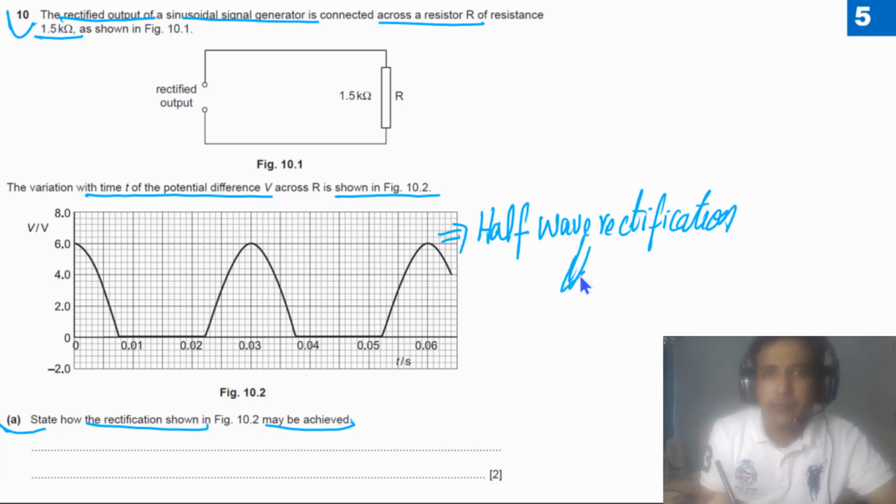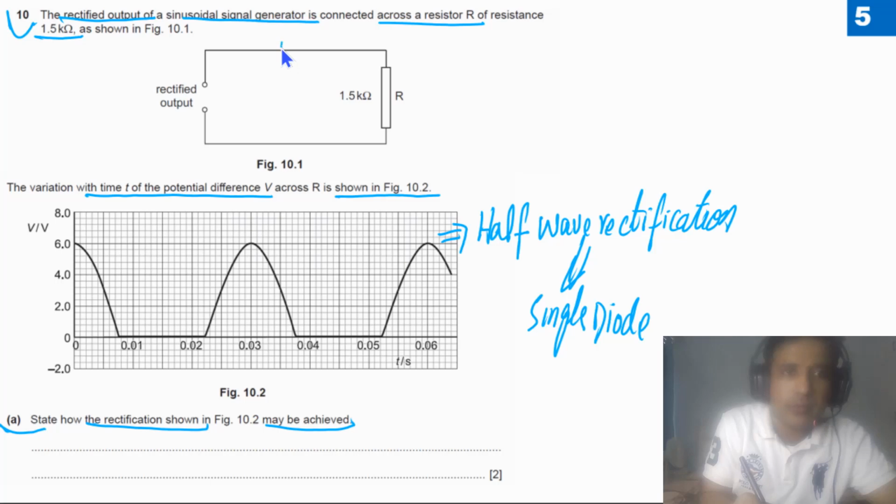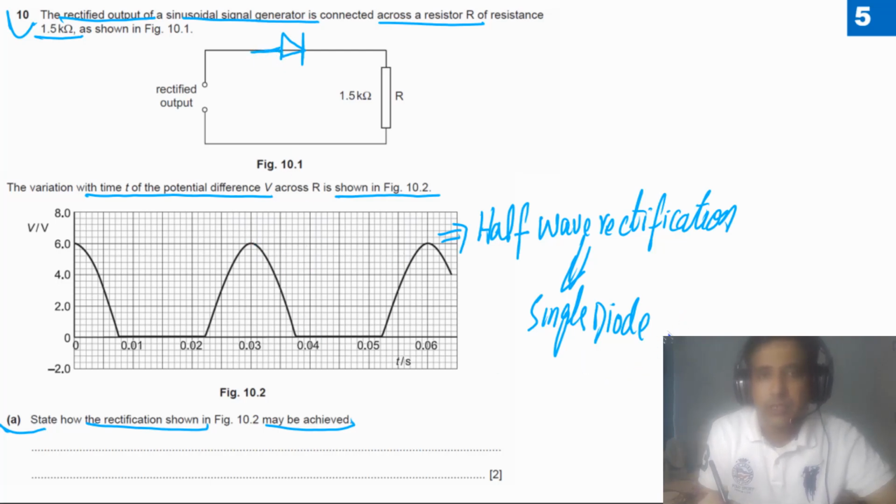And half wave rectification simply can be achieved by using a single diode in series with the resistor. Single diode in series with the resistor means simply if we connect one diode here, we can achieve half wave rectification. Single diode in series with R.